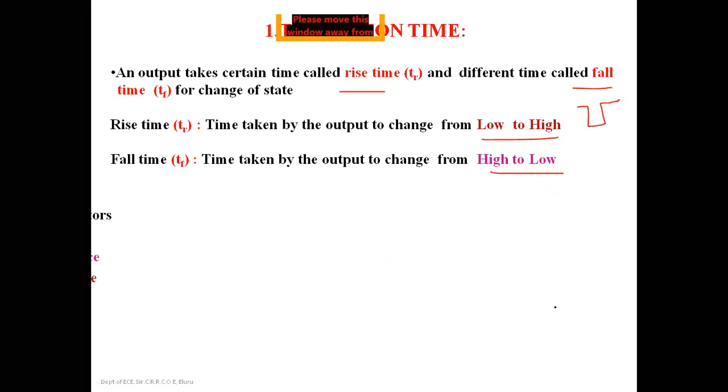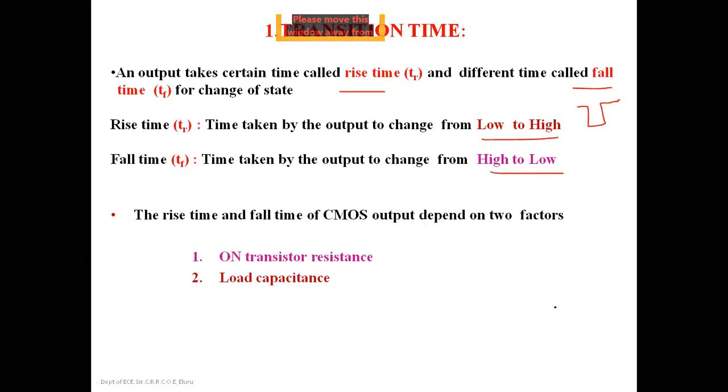Now, the rise time and fall time of the CMOS output depend on two factors. One is the transistor on resistance, and the second is the load capacitance. The on resistance depends on the type of the semiconductor material, whether it is N-type or P-type semiconductor.